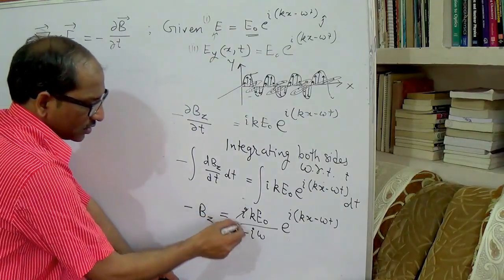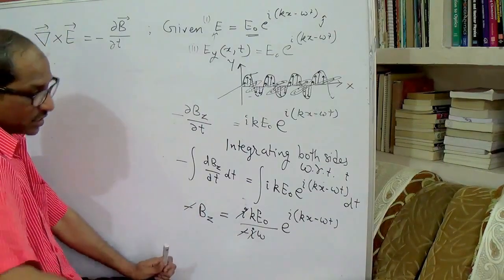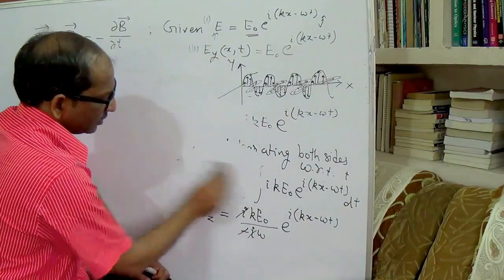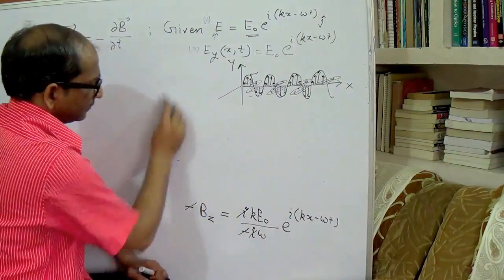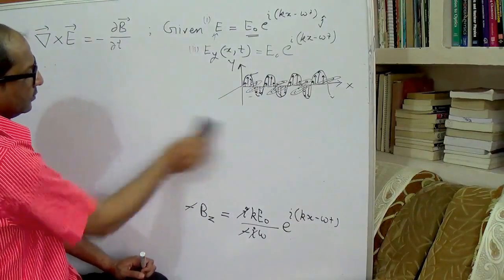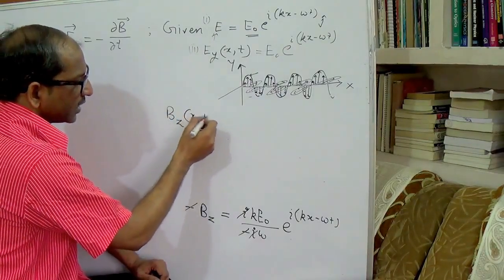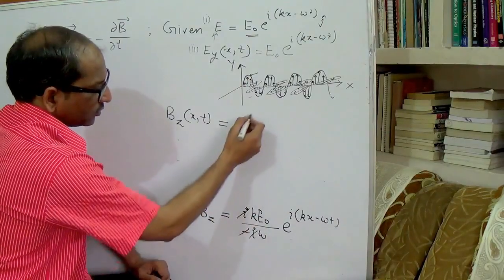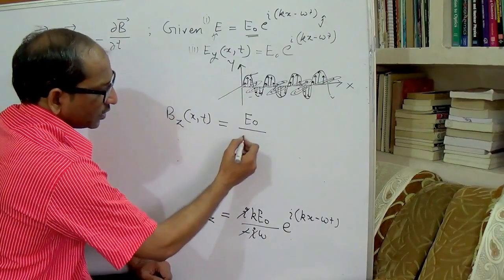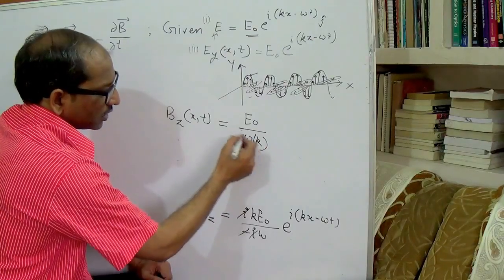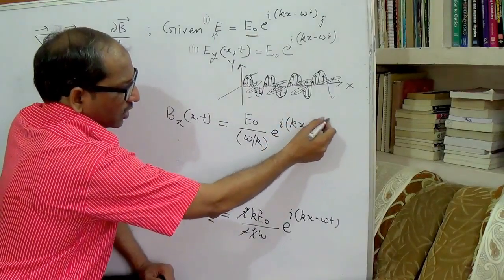Now the iota cancels out, and this negative sign with this negative sign, so I have the result: Bz, that is a function of x and t, is equal to E naught, and I can write it as omega upon k, so E naught omega upon k, and the exponential term, that is e to the power iota (kx minus omega t).